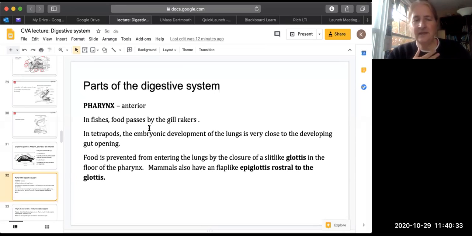That's why we can choke on our food, because of our ancient fish ancestry that put our esophagus right next to our trachea. We have those two openings right next to each other just because of our deep ancestry as a fish.